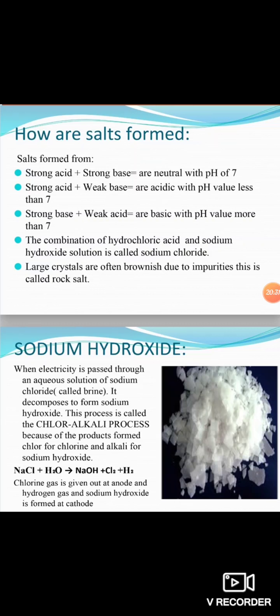The positive electrode is called the anode and the negative electrode is called the cathode. These are the important products from the chloroalkali process, very important in your examination. What do you mean by chloroalkali process?